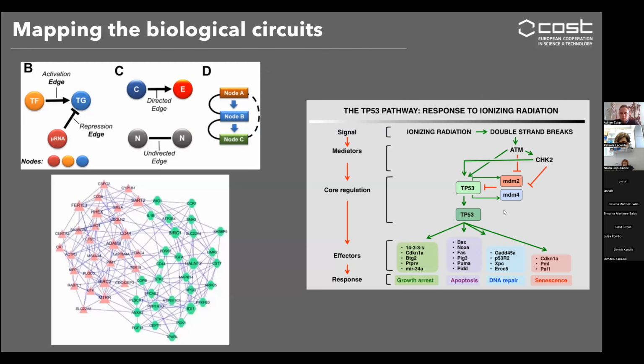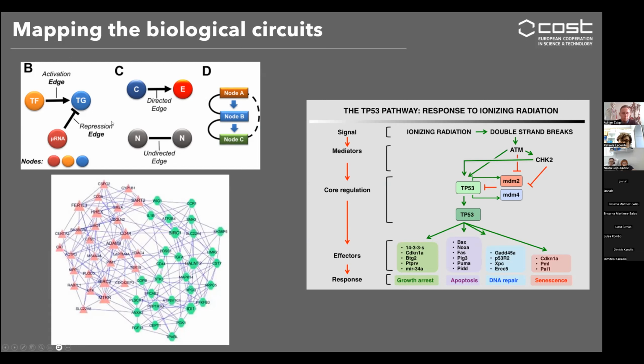And one way of looking at this is to use networks. Okay, networks are a representation of biological phenomena that is interaction. So a network is built by nodes and by edges, where a node is a biological entity, a gene, a protein, a transcript, while the edges represent a kind of interaction.